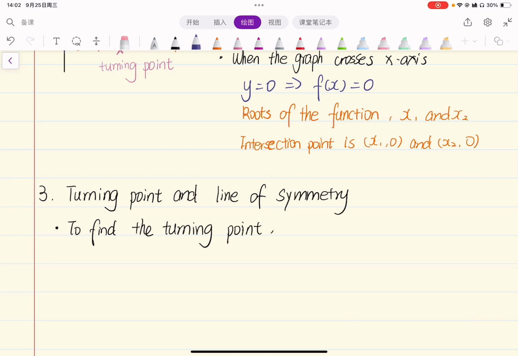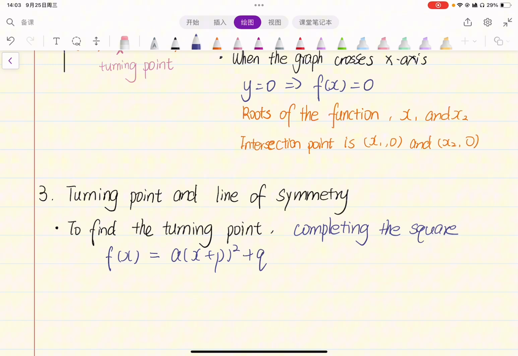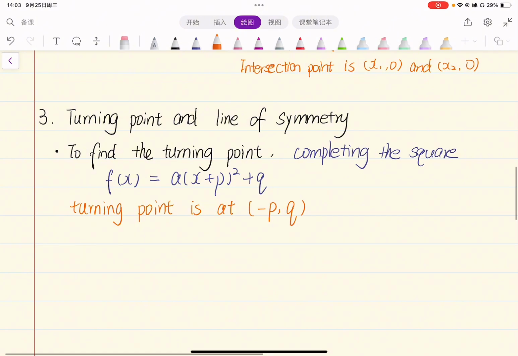What we need to do is complete the square. We need to complete the square for the function, and we have the function f(x) equals a times (x plus p) squared plus q, and the turning point is at (-p, q). Why does that happen?